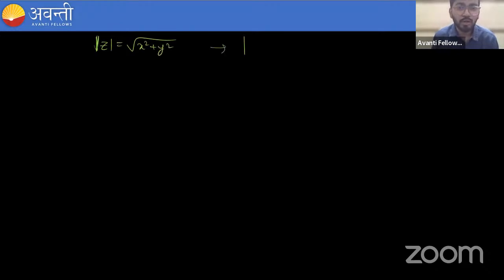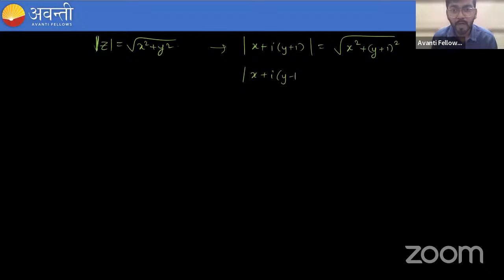So the modulus of x plus i times y plus 1 will be equal to under root of x square plus y plus 1 whole square, and the modulus of x plus i times y minus 1 will be equal to under root of x square plus y minus 1 whole square.